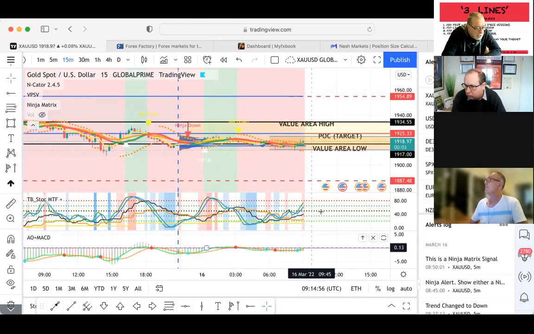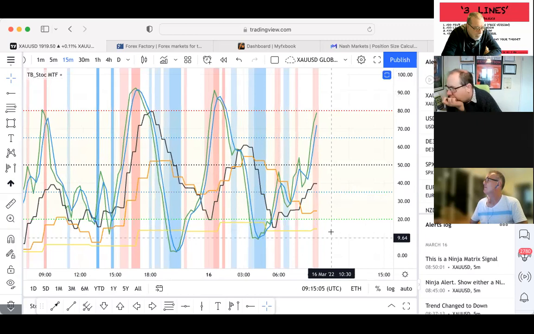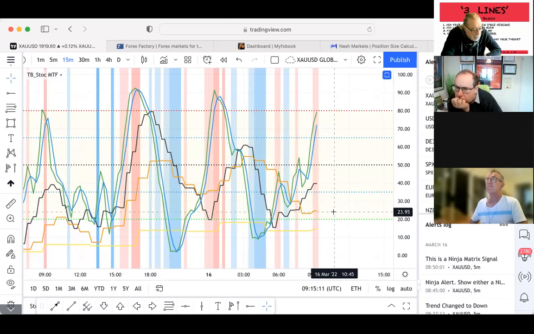And then the multi-time frame. I'll zoom in on that to make a point. We've got the 4 hour, which is in the extreme down at the bottom. We've got the 1 hour, which is fairly close to the extreme, but leveling off rather than pointing upwards or downwards. The 30-minute is undecided.